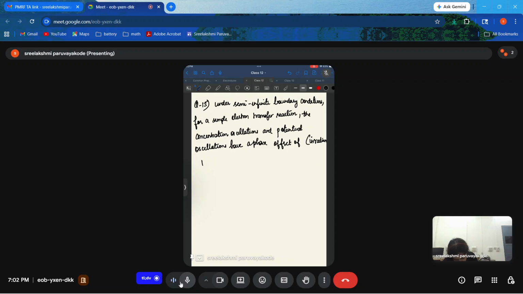So the options are pi by 2, minus pi by 2, plus or minus pi by 2, minus pi by 2. So under semi-infinite boundary conditions for a simple electron transfer reaction, the concentration oscillation and potential oscillation have a phase offset of.